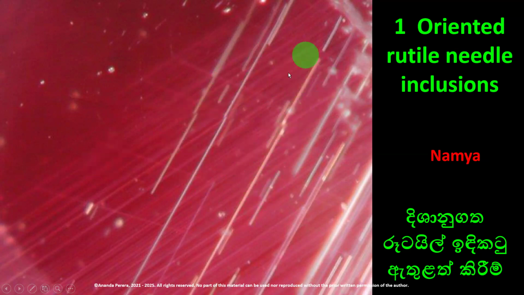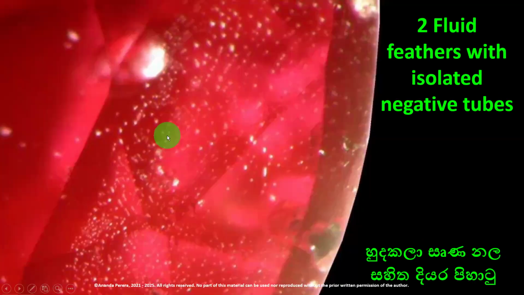Elongated rutile needles. It gives us the evidence it is not heated. It is natural. See the rutile needles. See the angles, 120 degrees angle. And the parallel lines. Oriented rutile needle inclusions in Namya ruby.